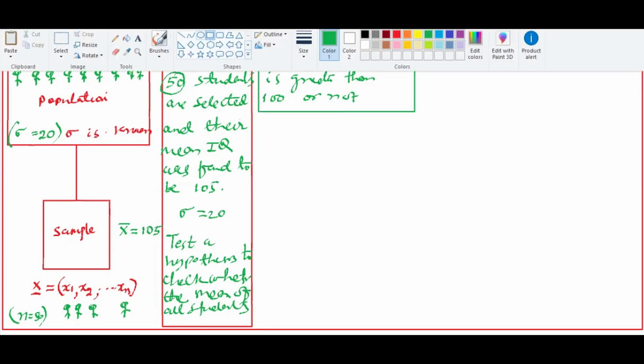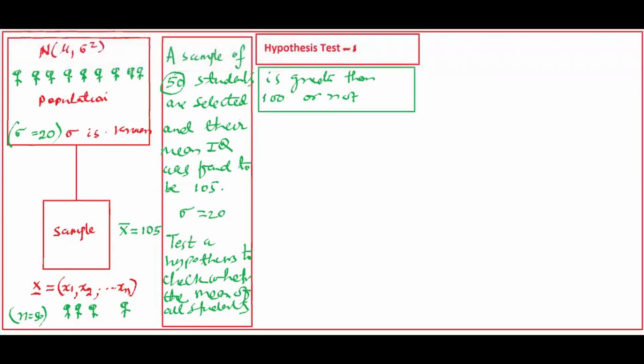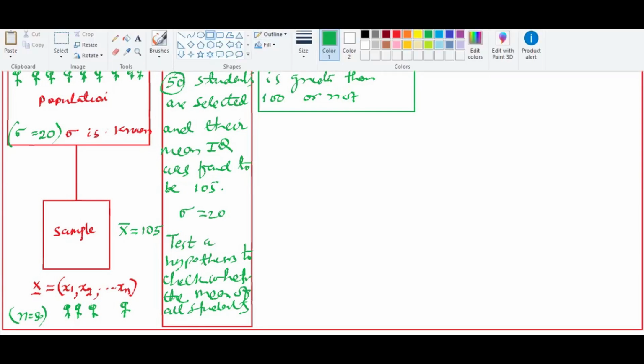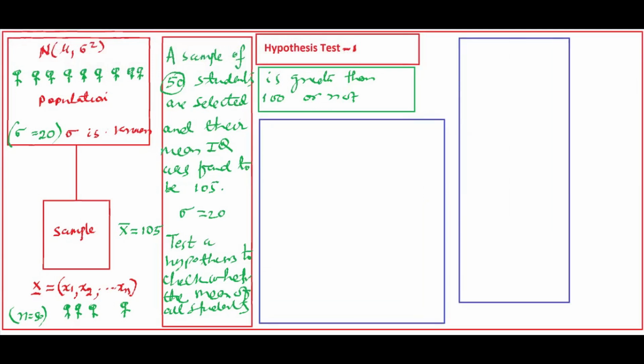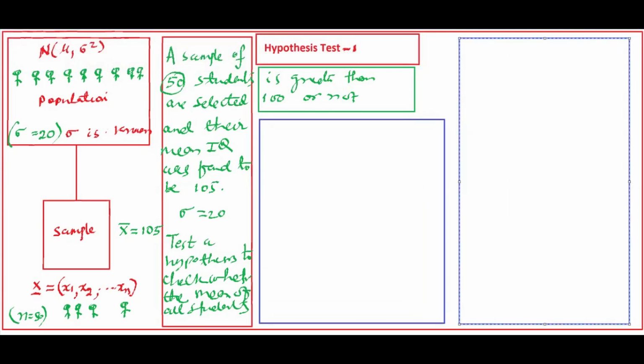So let me write our hypothesis here. This is the space available. So what are you checking? Checking for mu. On the basis of x bar, you are checking for mu.